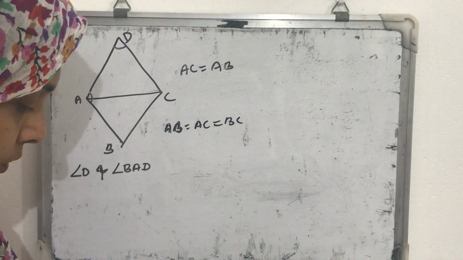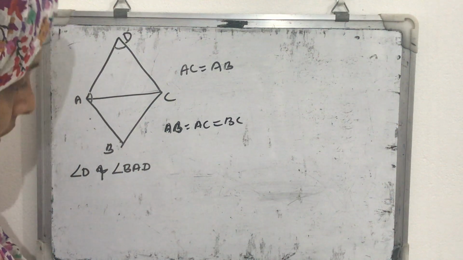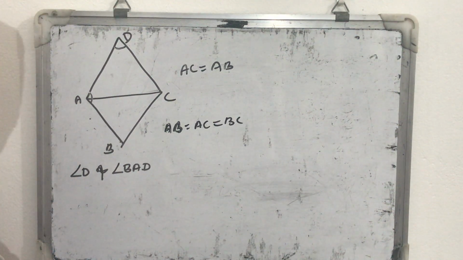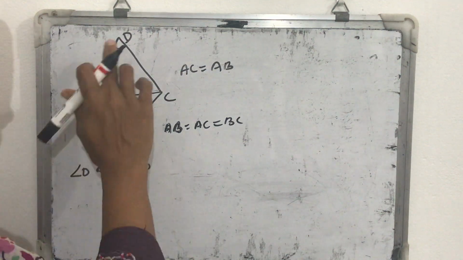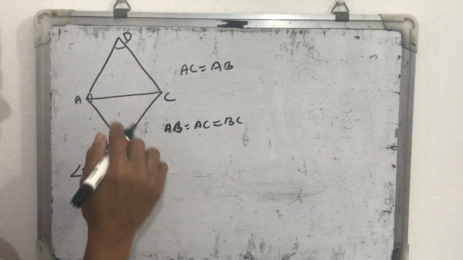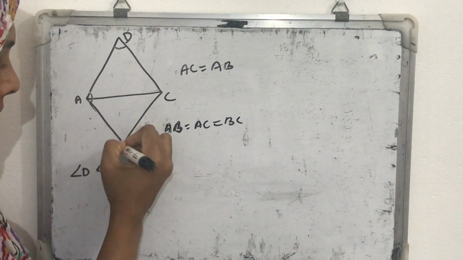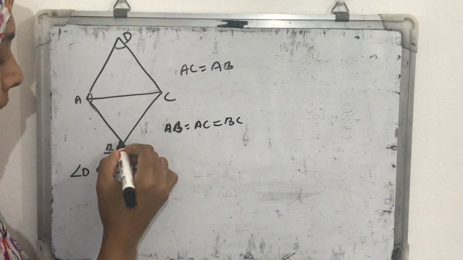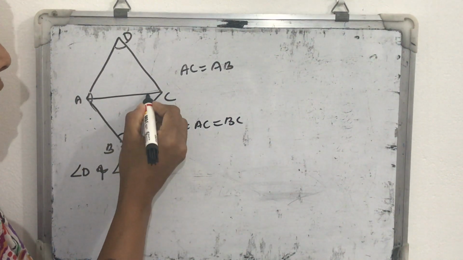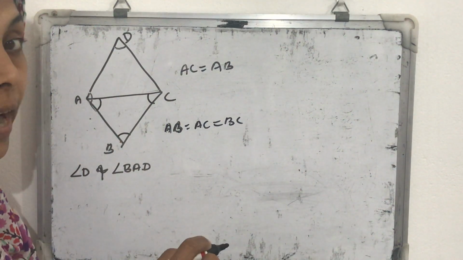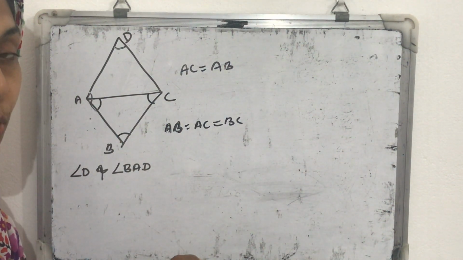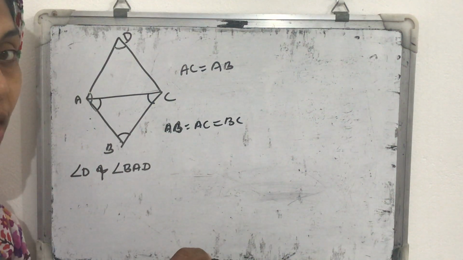We also know the opposite angles of a rhombus are equal. If this is an equilateral triangle, each angle will be how much? Using the angle sum property of a triangle, the sum of the three angles is 180.